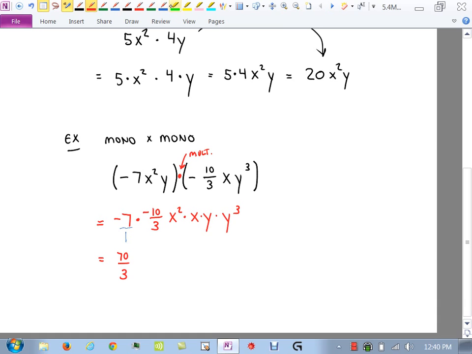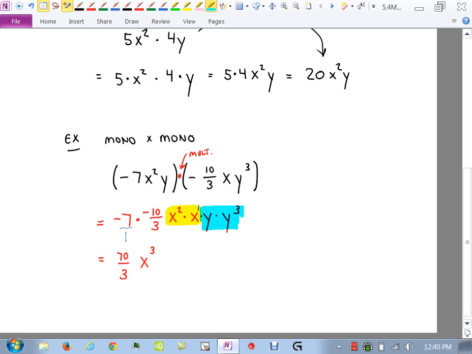And now let's use that property that I put up on the board earlier. I said recall. What's x squared times x? X to the third power, right? Because what's really up there on top of that x on the right? It's a 1, right? So I'm going to add the powers, I get x cubed. And then on the y's, I do the same thing.